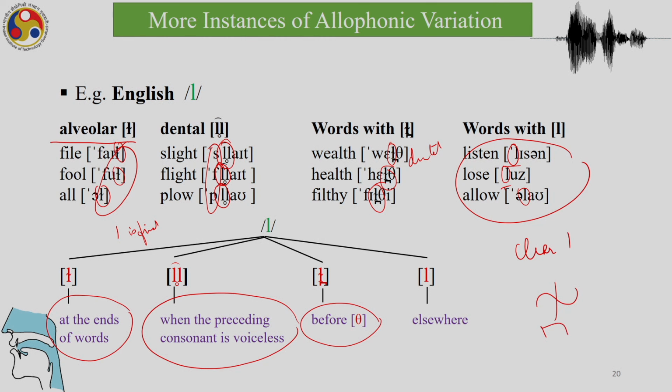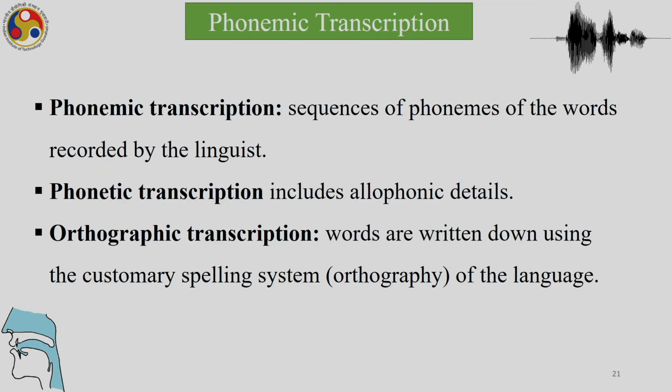Two features are added there because it's followed by a consonant. There are two contexts here, that's why we have two changes. One is that it's followed by a consonant, and the second is that that particular consonant is dental. Those two properties lend these two characteristics to L here, and L appears as the clear L in other positions.